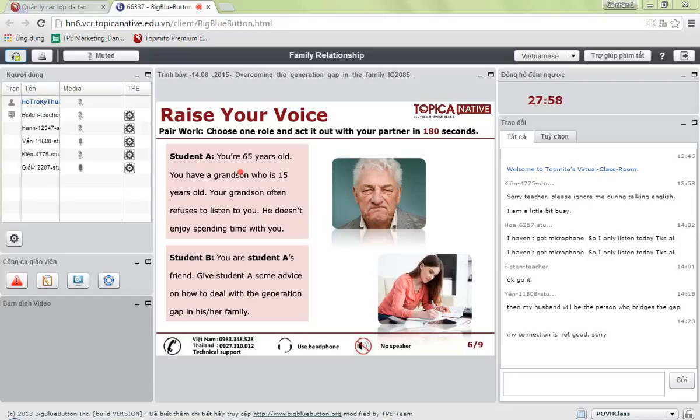As you know, this problem is not easy to solve because teenagers now, it's difficult to give advice to them, they don't listen to us. And I think to make your grandson listen to you, first of all, you have to always notice when your grandson does something wrong.